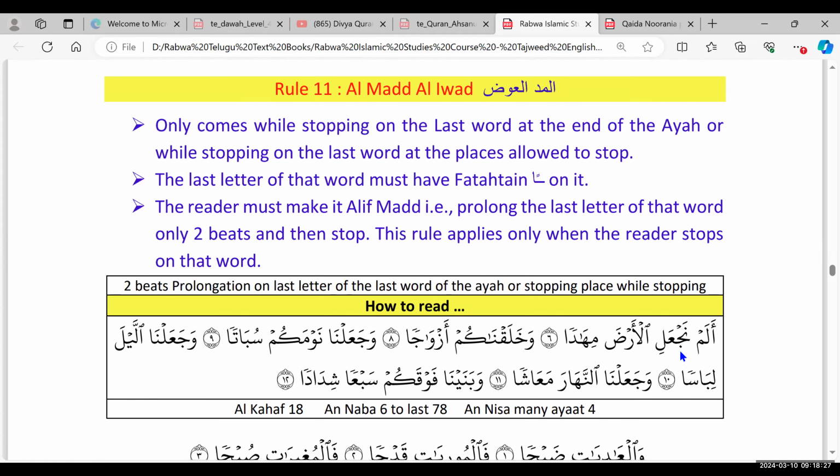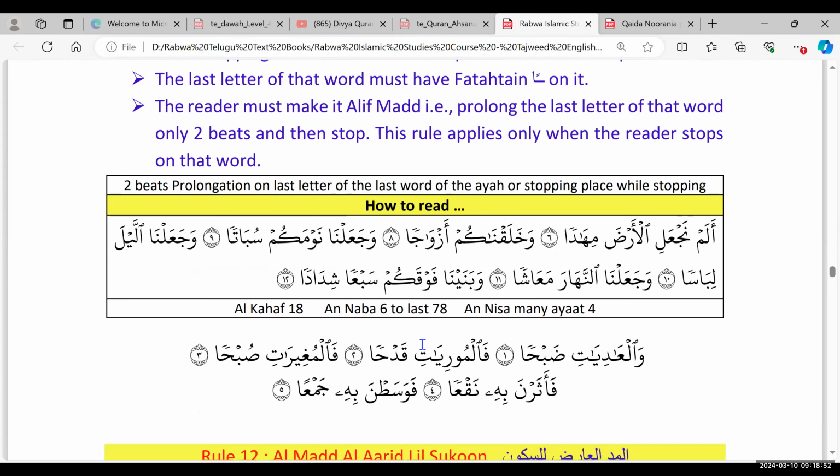Alam naj'alil arda mihada wa khalaqnakum azwaja waj'alna nawmakum subata waj'alna al-layla libasa waj'alna an-nahara ma'asha wa banayna fawqakum sab'an shidada. All the places where I stop, I read with the alif mad.